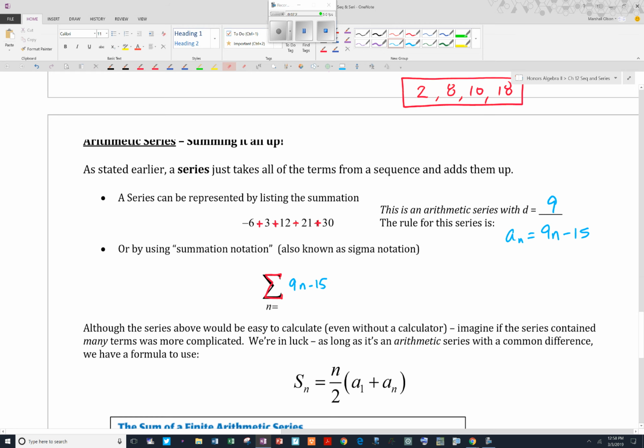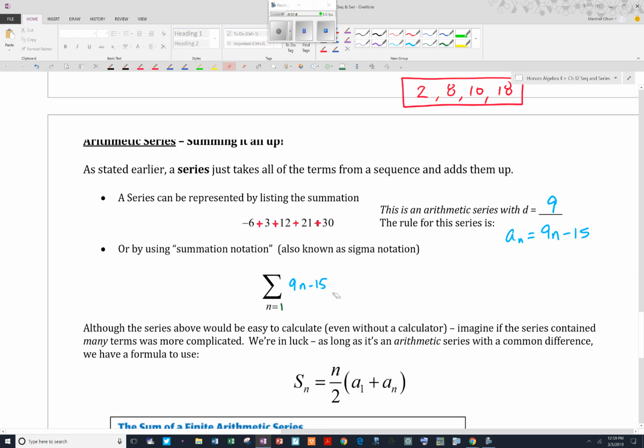Okay, this next piece is really important. When we are writing our sigma notation, our summation notation, we will always start with n equals 1 as our first input value. We have to, because in order to get that first term from the rule we just made, n must be 1, since 9 minus 15 is negative 6.